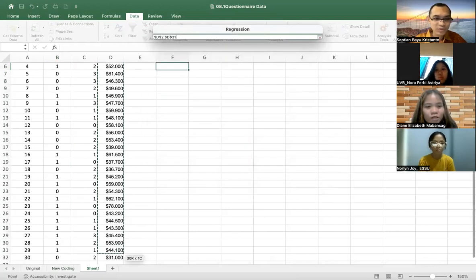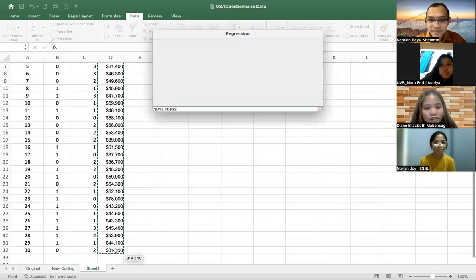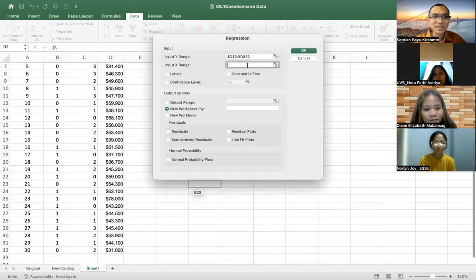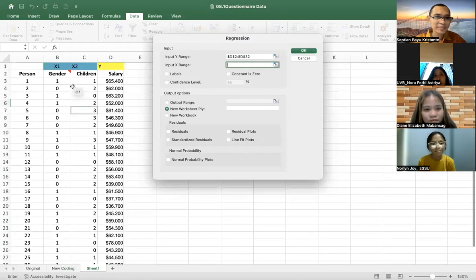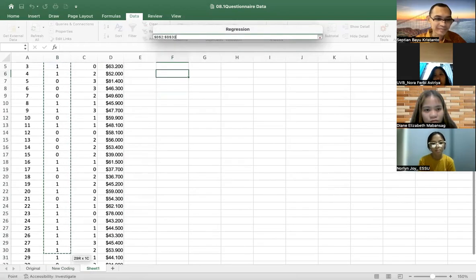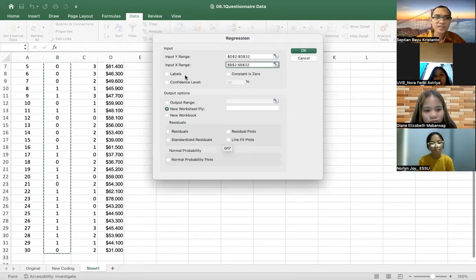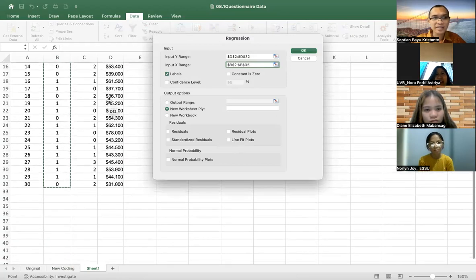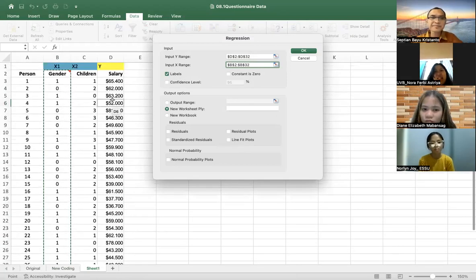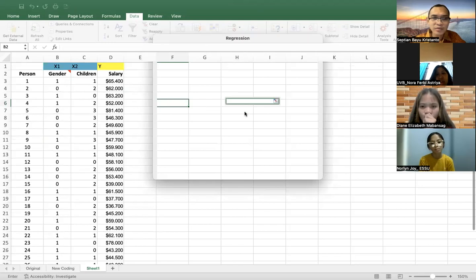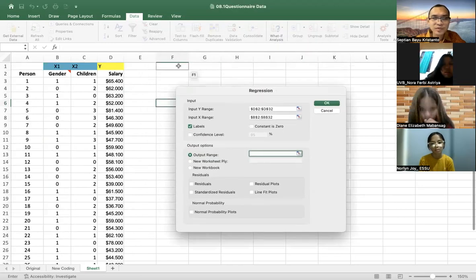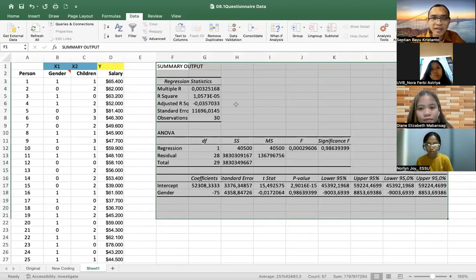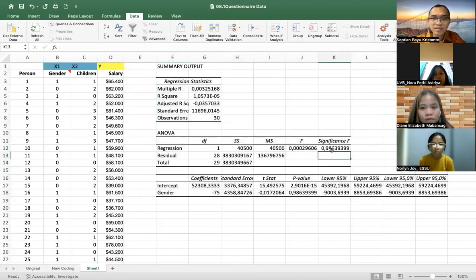Just choose gender. Let's say the gender. This one is a single regression because you only have one independent variable with the label in the first row, and we need to drop the output range in here, and then this one is our analysis.